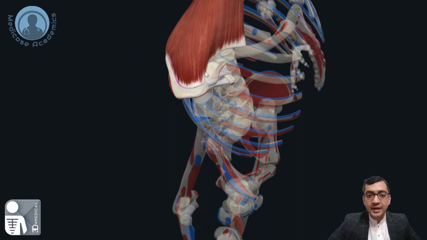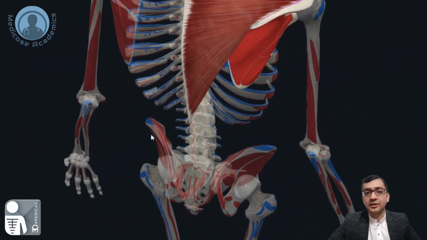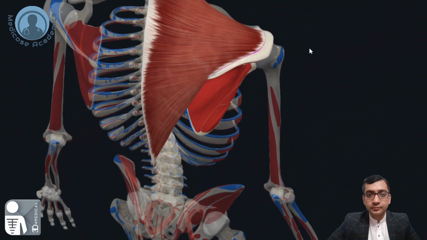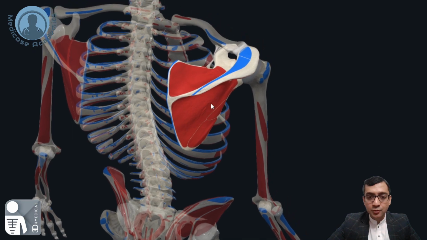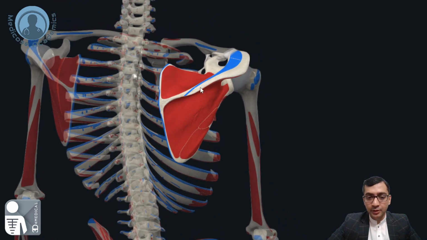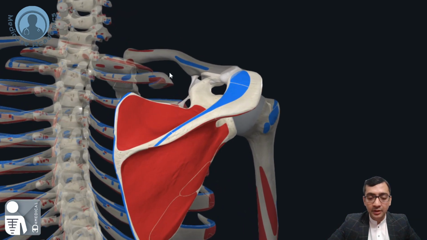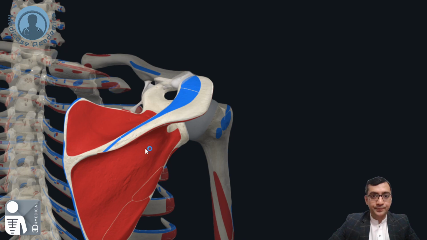The same muscle is attached to the posterior border of the clavicle, the lateral one third of the clavicle. So the superior margin of the crest of the spine of scapula gives origin to the trapezius.